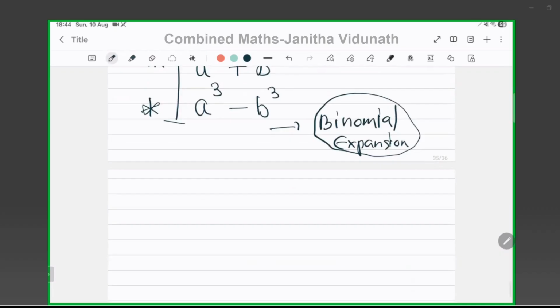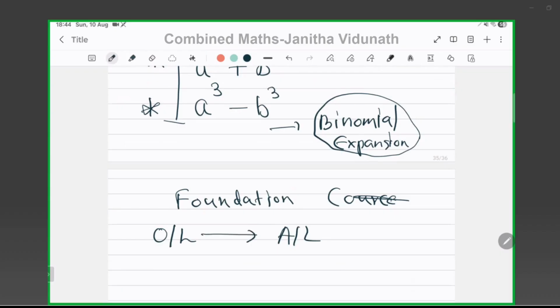Those are regarding your foundation course, because we need a foundation course for removing the gap between O level and A level. We need the proper foundation to fill the gap between O level and A level.